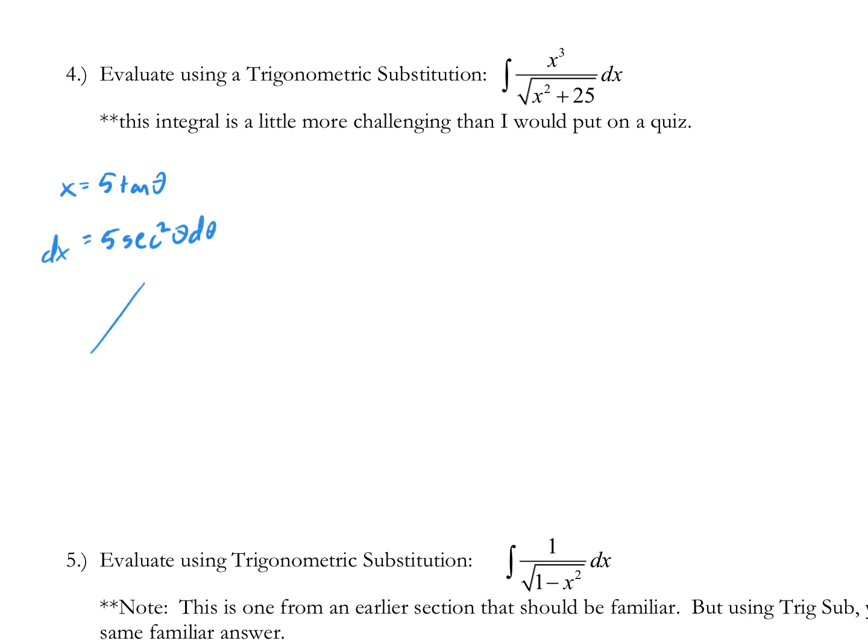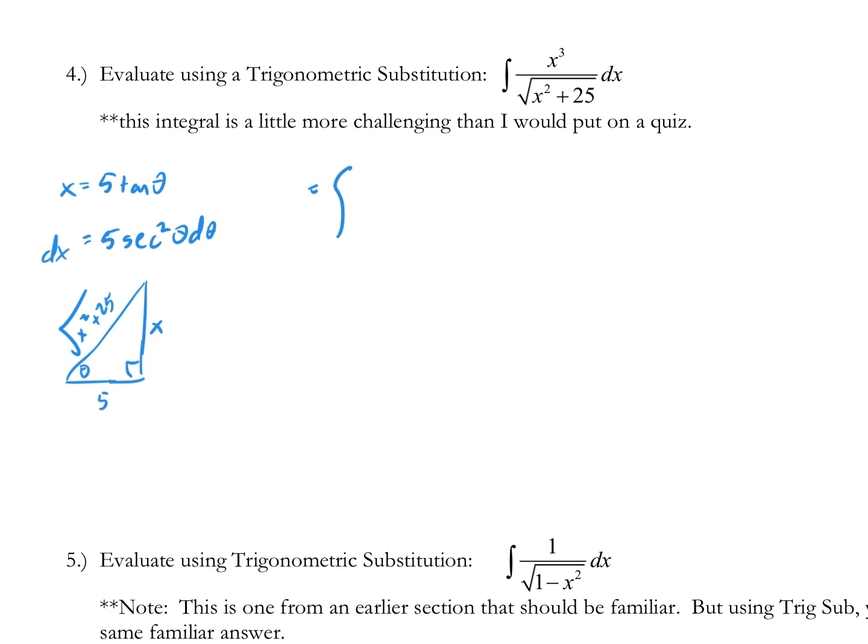And I will, right off the bat here, draw my lovely right triangle. Here's the theta angle. There's my right angle. And tangent, based on this substitution right here, tangent of theta is opposite over adjacent, and in this case, x over 5. And then my hypotenuse would be the square root of x squared plus 25. Okay, so that's some preliminary work. Now we can make the trig substitution, plug in all the things.